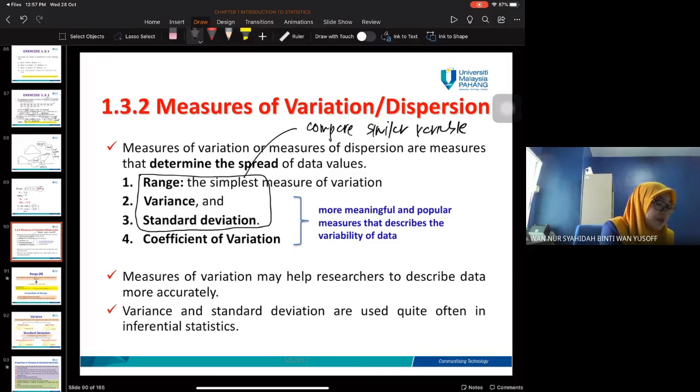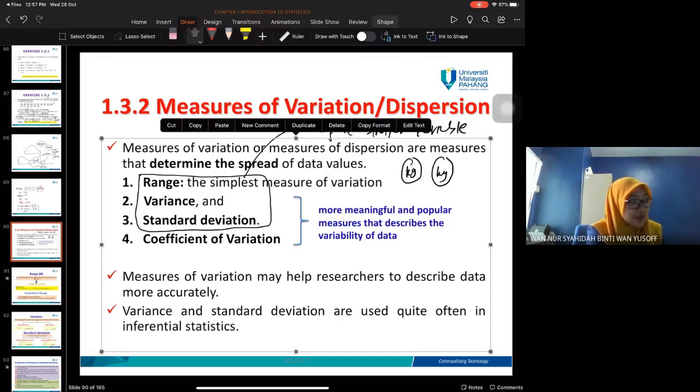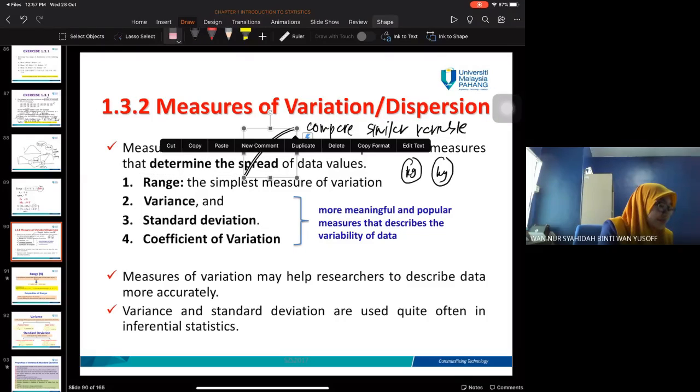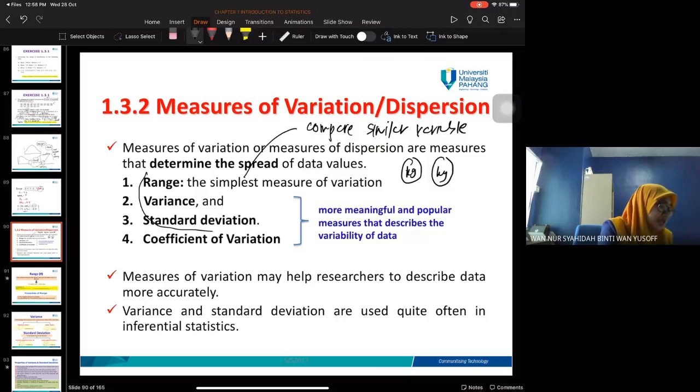Let's say that we have population A and population B, and both data are collected in kg. Similar variable, similar unit, then we use these three measures, either one.